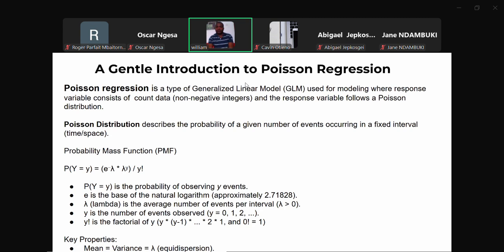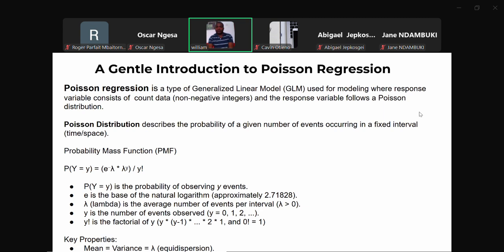So this is a gentle introduction to Poisson regression. I'll be presenting Poisson regression, then the other members will come in to present log linear. So as we know, this is a type of generalized linear model used for modeling where the response variable consists of count data, and that count data should always be non-negative integers.